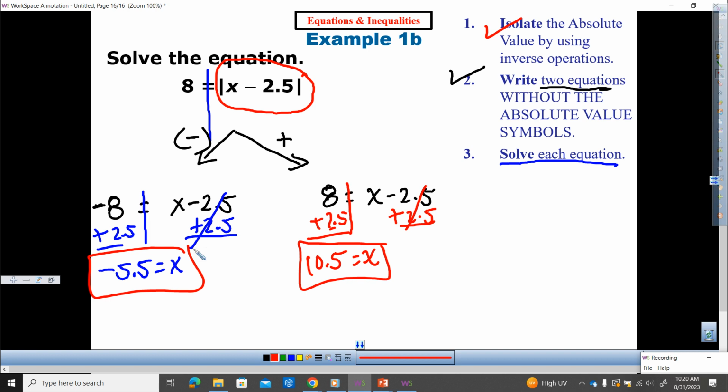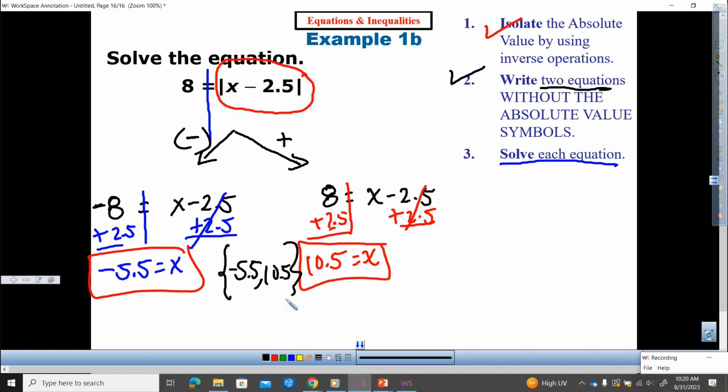From 1 to 5, how comfortable are you up to right there? Yeah? Okay. Now, just to crank it up a tiny bit, let's write a solution set right here in the middle. Solution set. What is my first solution? The negative one. Negative 5.5, comma. What is my other solution? 10.5. And you close that. As long as you give me that, that's fine.